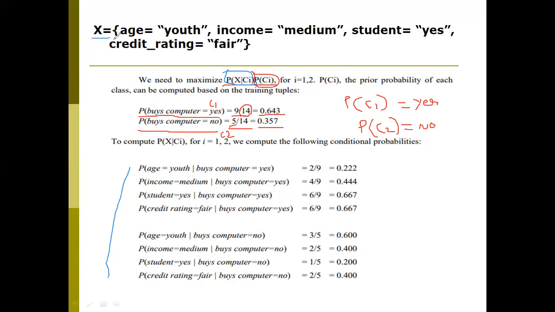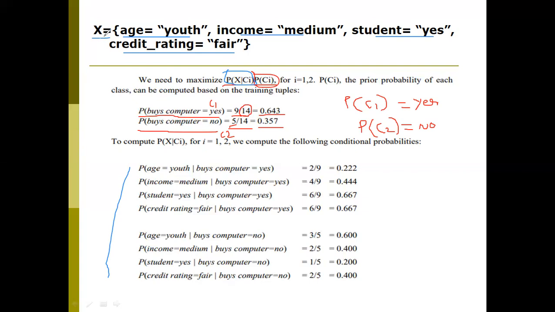We have 4 number of tuples under X. What are those? Age equal to youth, income equal to medium, student equal to yes, and credit rating is equal to fair. These are the different tuples under X.